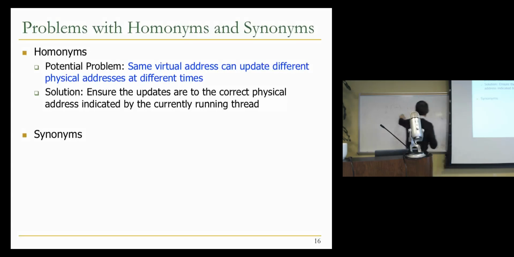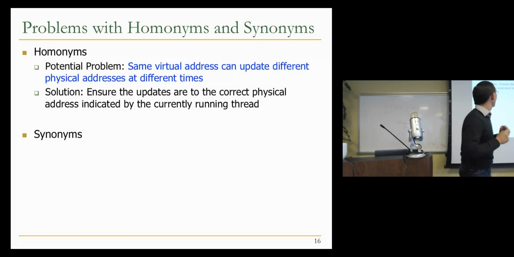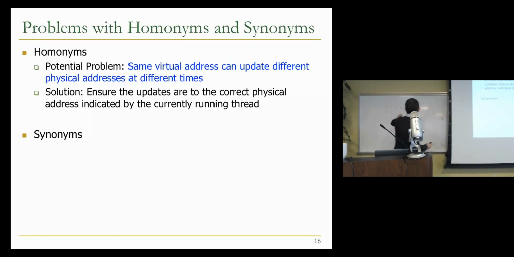Basically, if you update with this process, you should be updating physical address 1. If you update with this process, you should be updating physical address 2. And you just need to ensure that that happens. And that happens by ensuring that the currently running thread updates its own physical frame or physical address. You can do this by ensuring that you have thread IDs.